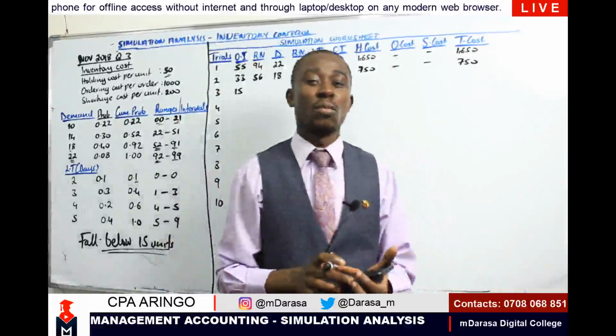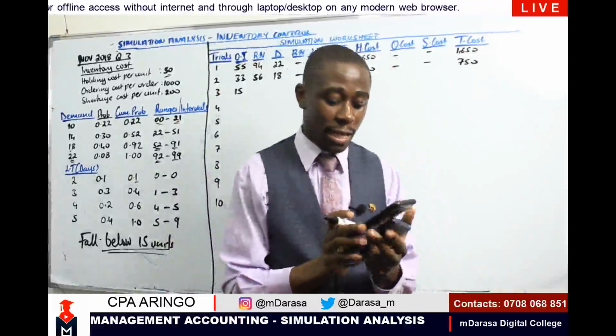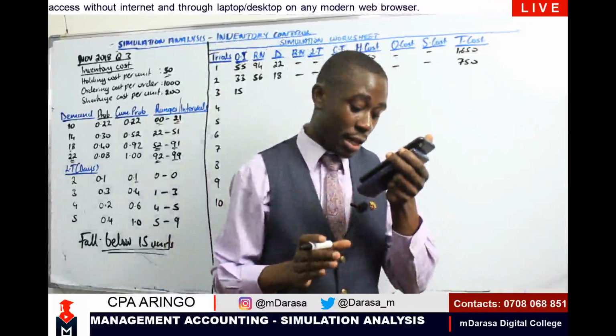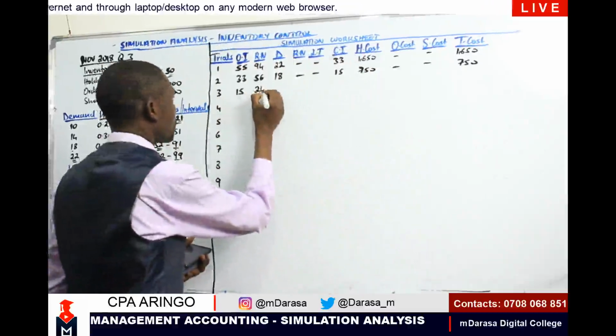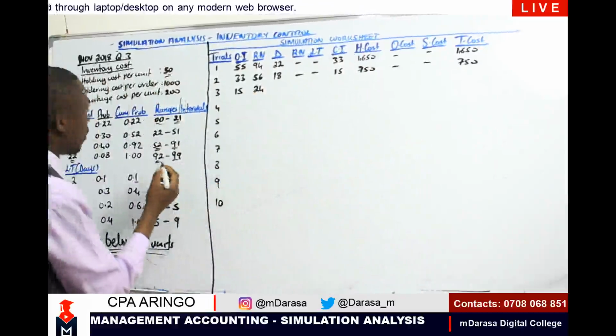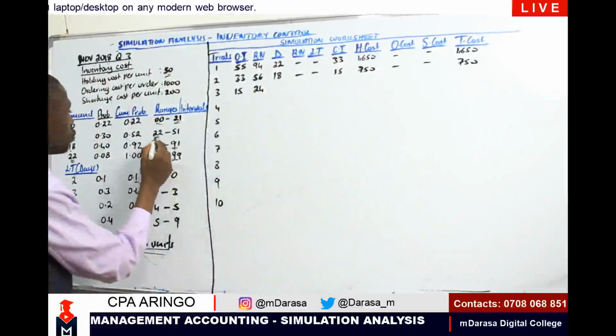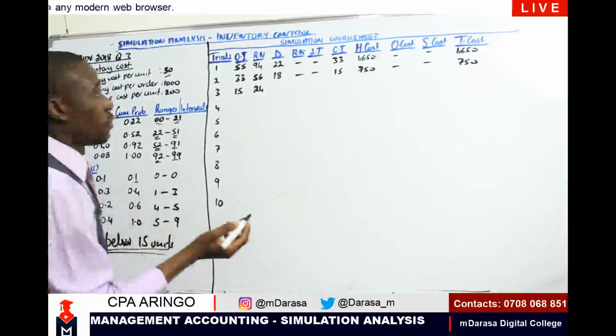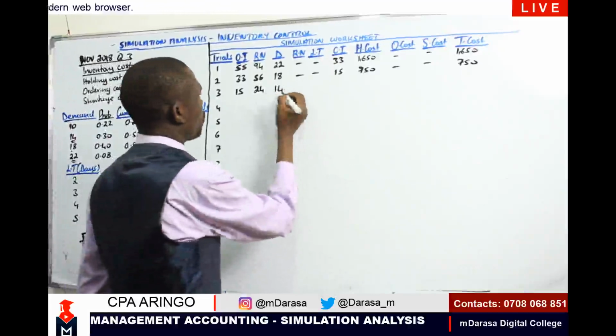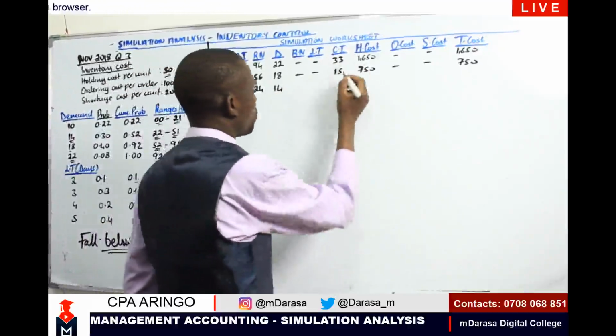Consider the next random number. The next random number given there, my good student, I can clearly see after 56, I'm having 24. And at 24 being our random number, 24 will fall in between 22 and 51, which should give us a demand of 14 units. In that case, what will be our closing inventory?